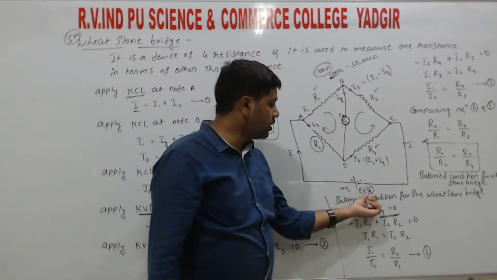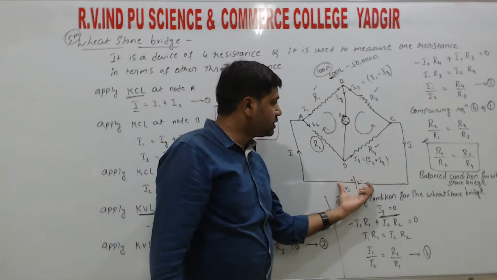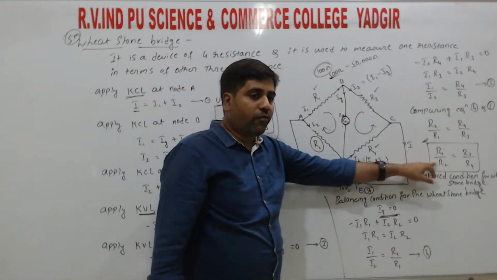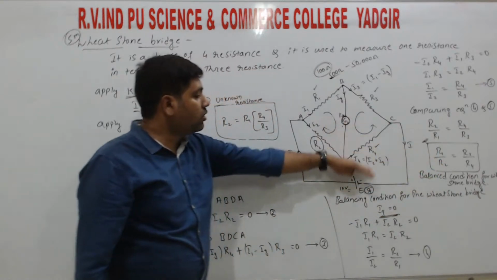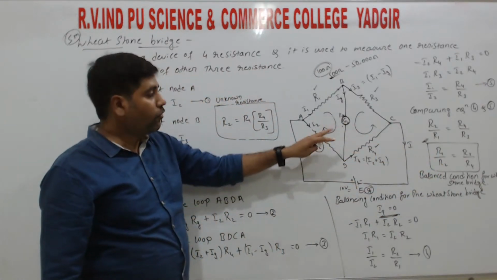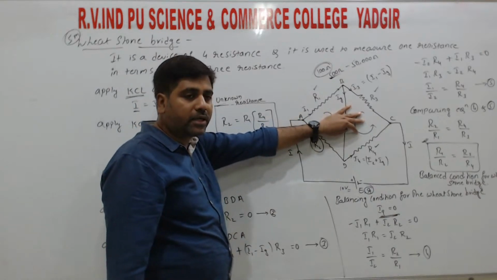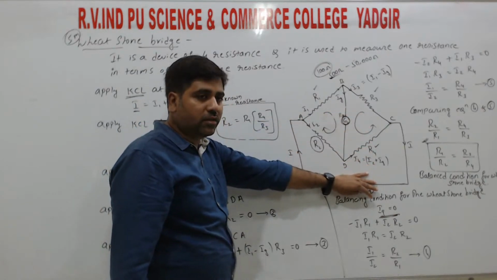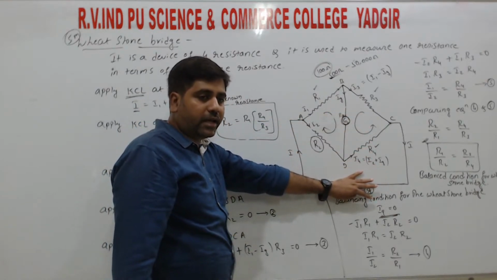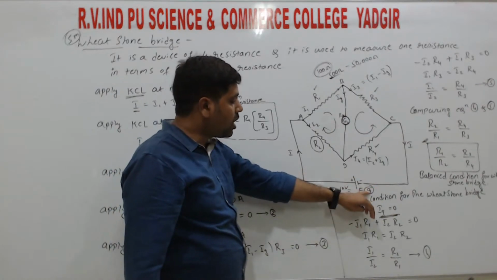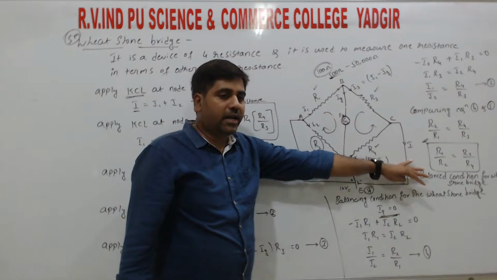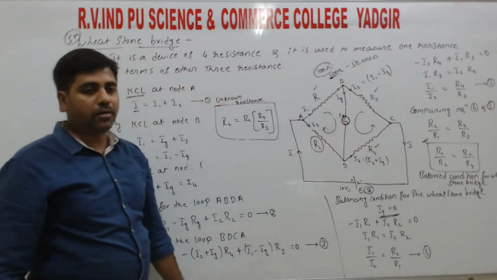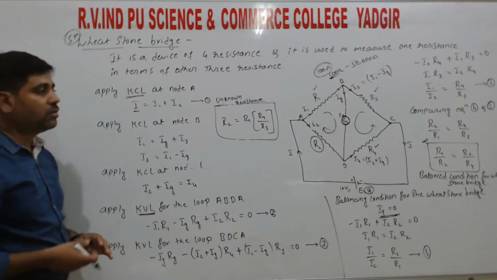Even with internal resistance, there is no variation in the balanced condition. So it is independent of all three terms. One is the resistance in the galvanometer, second is variation in the voltage, and if we connect the EMF with the internal resistance R, all these three factors will not affect the balanced condition, right? So this should be remembered. Important derivation.